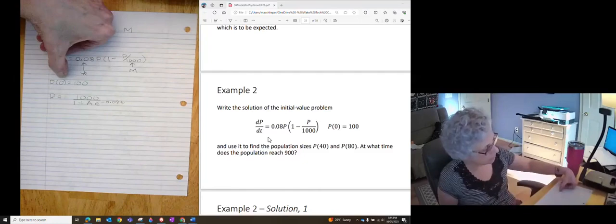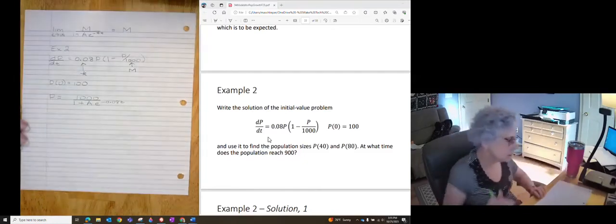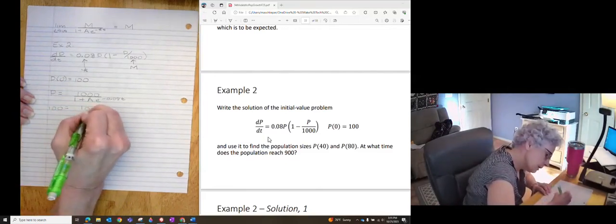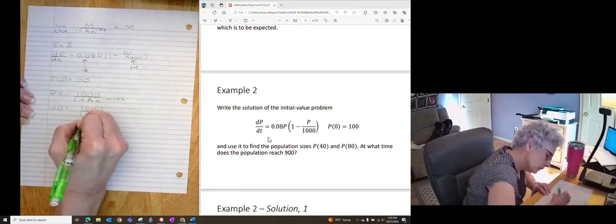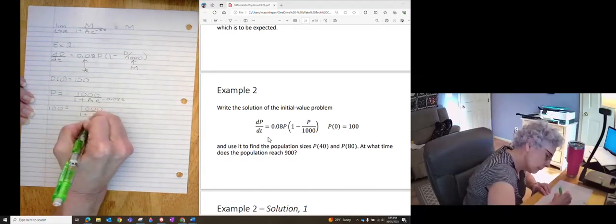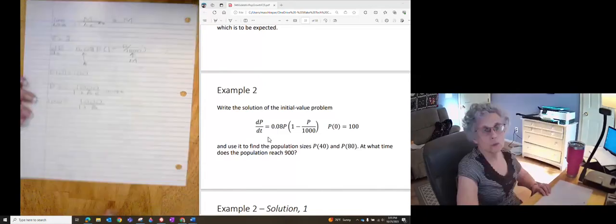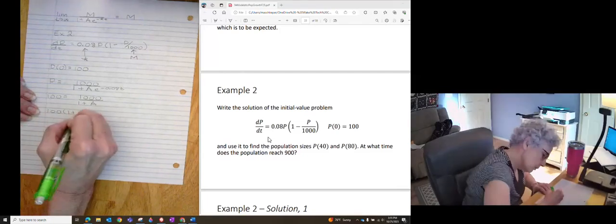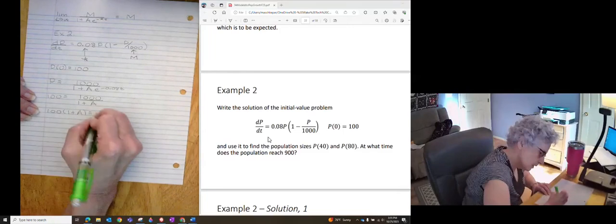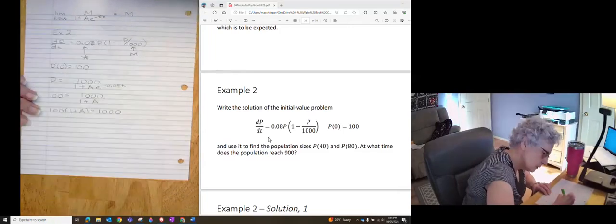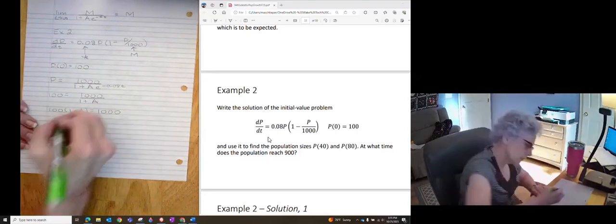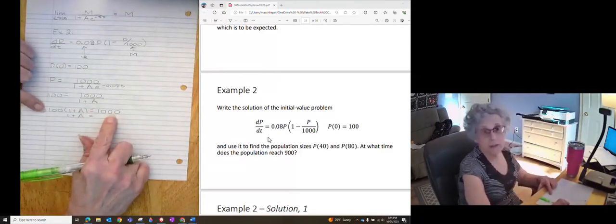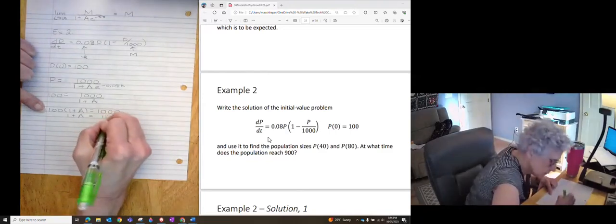Now I use my initial condition to figure out what A is. 100 is equal to 1,000 over 1 plus A. So, 100 times 1 plus A is equal to 1,000. 1 plus A is equal to 1,000 divided by 100.